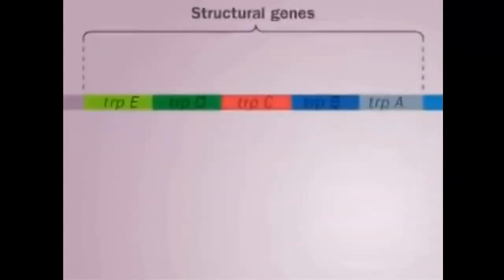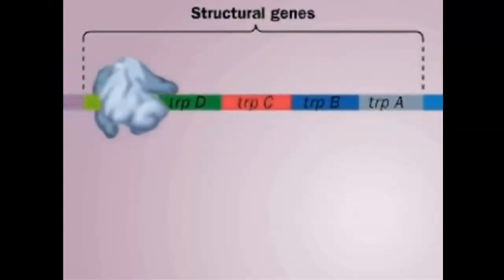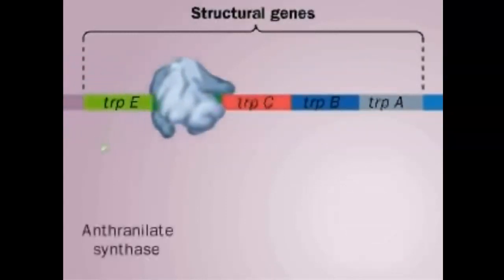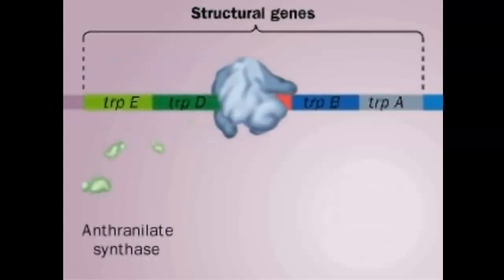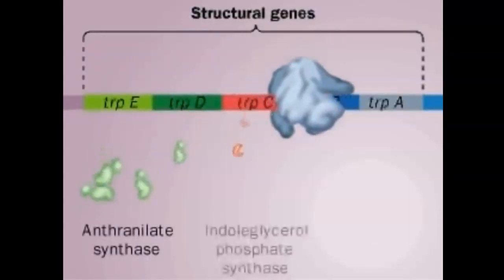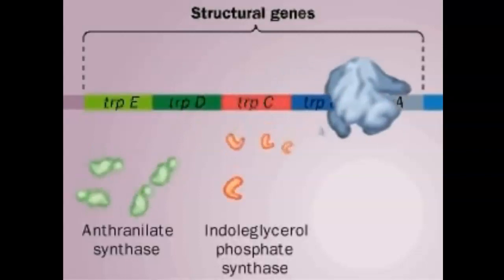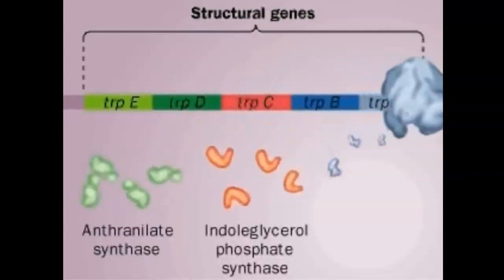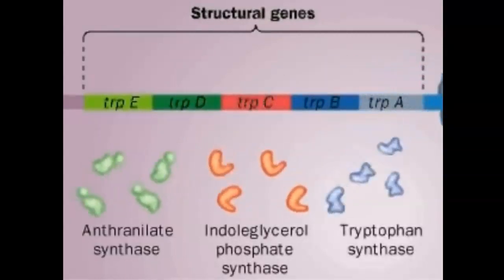Each gene encodes a protein chain for an enzyme in the TRP synthesis pathway. TRP-E and D for anthranilate synthase, TRP-C for indole glycerol phosphate synthase, and TRP-B and A for tryptophan synthase.